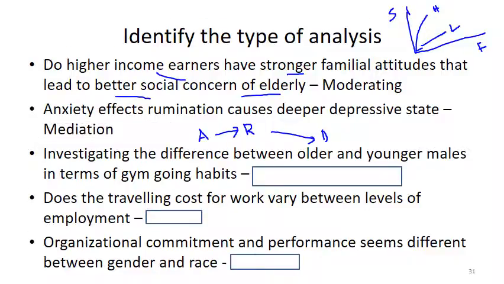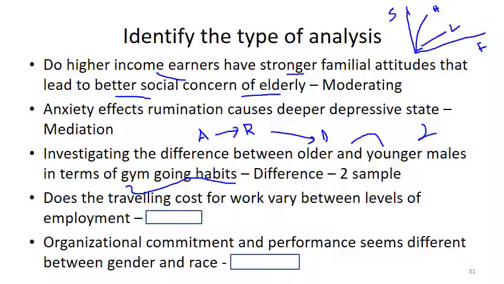Investigating the difference between older and younger males in terms of gym going habits. So gym going habits here is quantitative. Older and younger males are just basically two independent sample t-tests. So we're looking at the two independent samples. Does traveling costs for work vary between levels of employment?